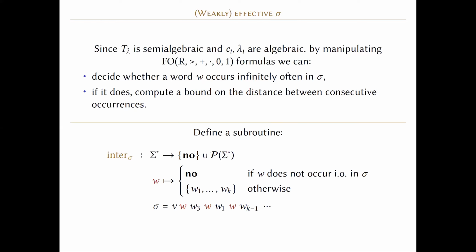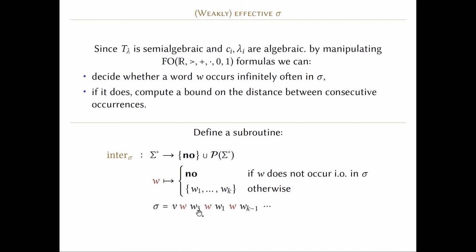and all of this to a single procedure, Inter of sigma, that takes a finite word and returns either no or a set of finite words, where the output no means that the word W does not occur infinitely often in sigma, and otherwise we obtain k words that are all possible words that sandwich W in the sign pattern.